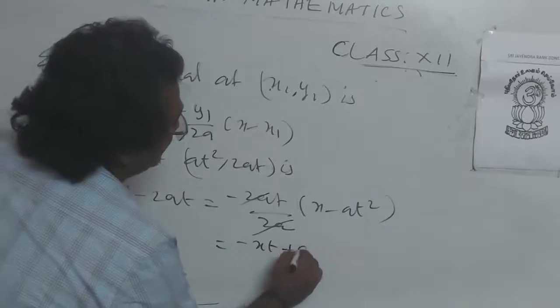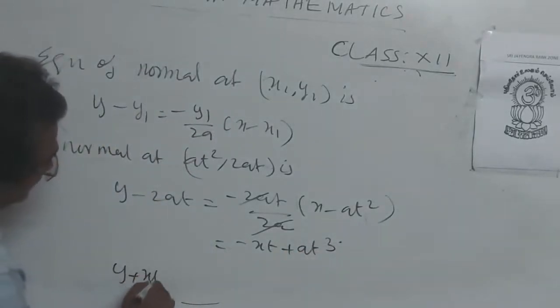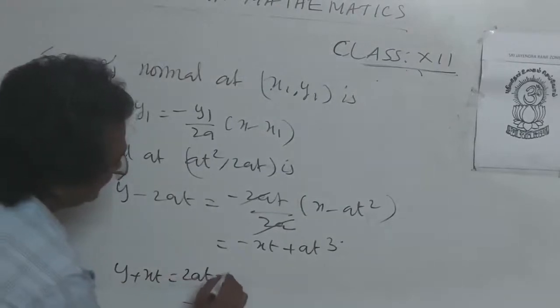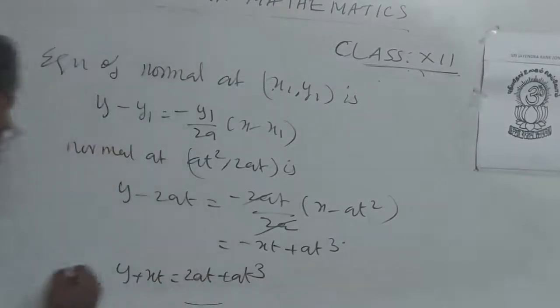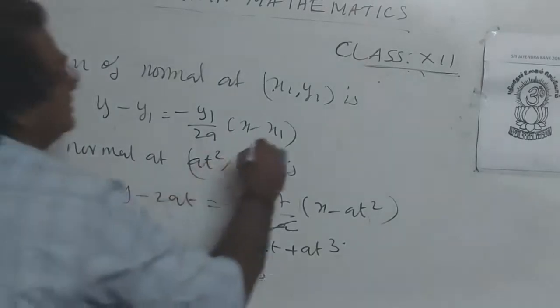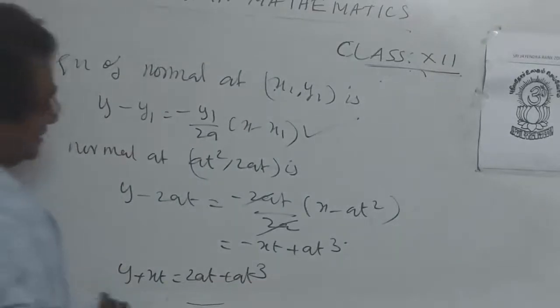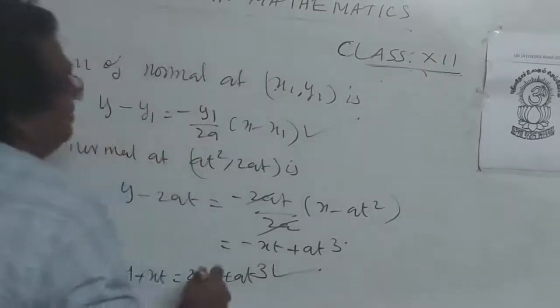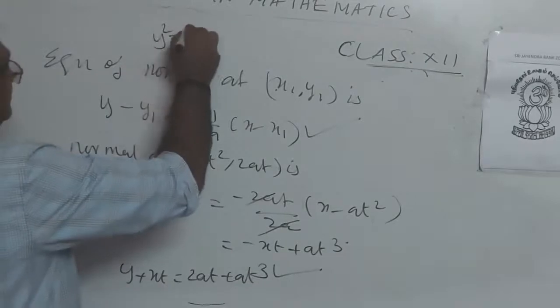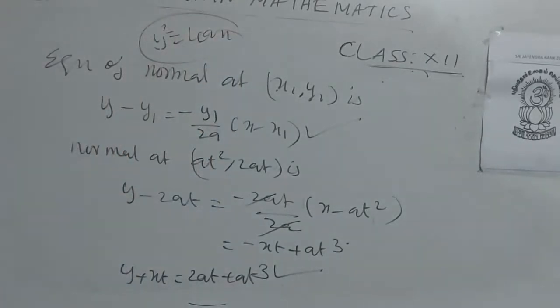Minus xt plus at cubed. y plus xt equal to 2at plus at cubed. This represents the equation of normal at the point t for the parabola y squared equal to 4ax. In the same manner we can derive results for other forms of parabola, which can be discussed in the next session. Thank you.